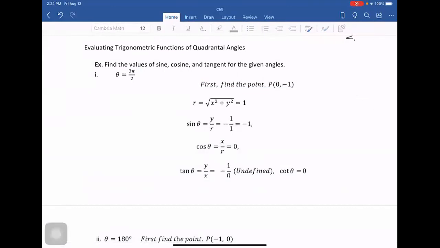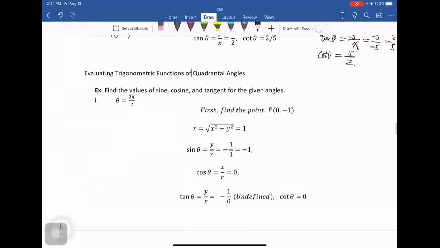So I'd like to draw it on the XY plane. So 3 pi over 2, I know this is pi, this is half pi, this is 3 pi over 2. So the terminal side is here.